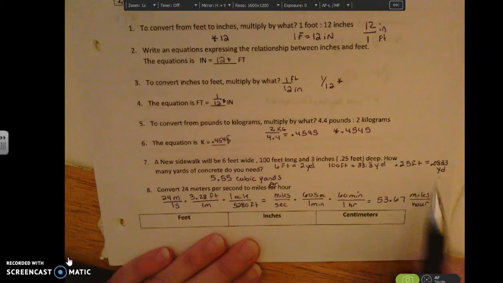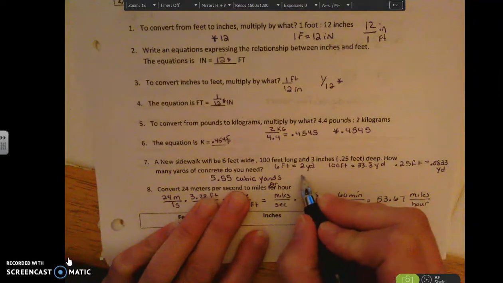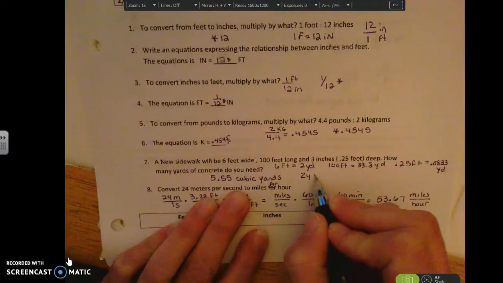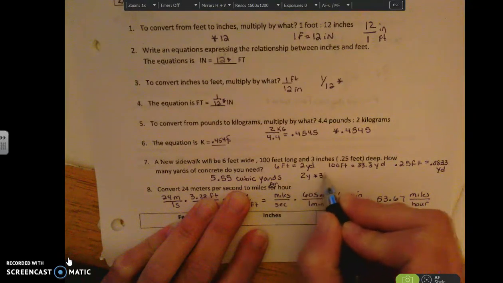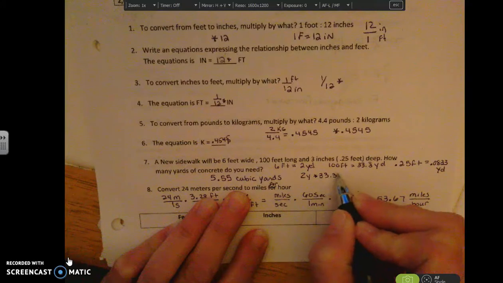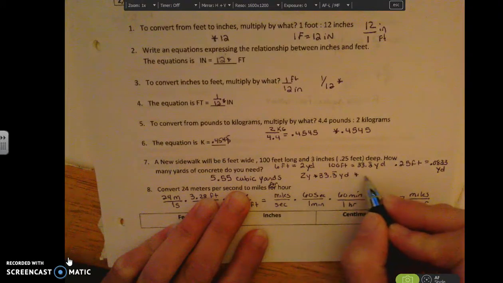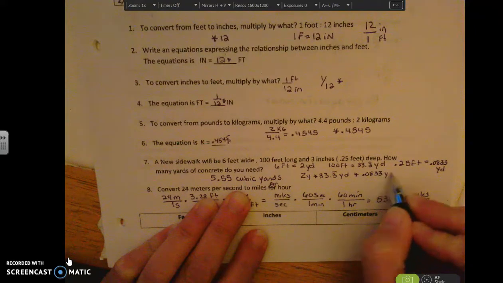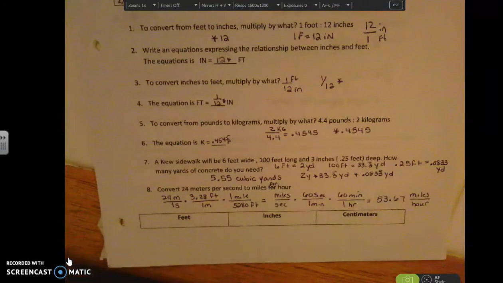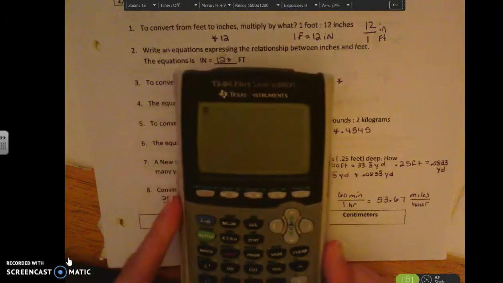0.0833 yards. So to find the volume, I'm going to do 2 yards times 33.3 repeating yards times 0.0833 yards. Now, it's important when I put this in my calculator that I make sure I'm putting my decimal places in right.